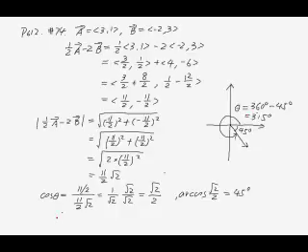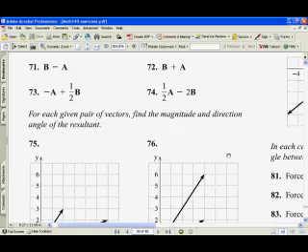So now we get the direction angle is equal to 360 degrees minus 45 degrees, which is 315 degrees. Now let's look at problem 80.